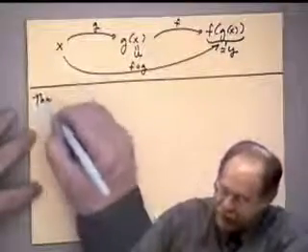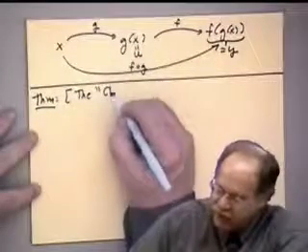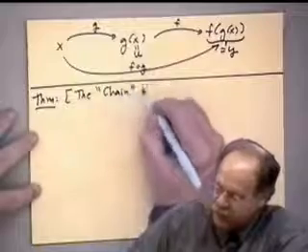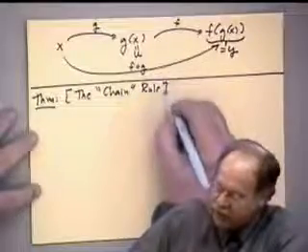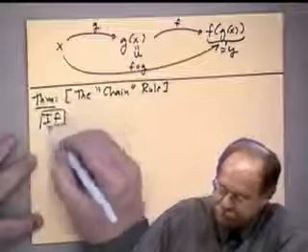Now I can write down what is known colloquially as the chain rule, and I'll show you why it's called the chain rule at the end. The chain rule, as follows.